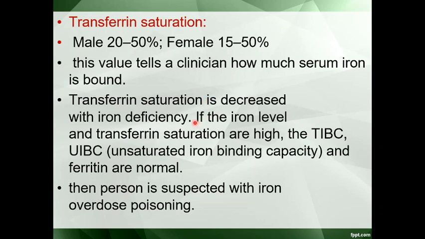Iron level is high and the transferrin saturation is also high, but the total iron binding capacity, unsaturated iron binding capacity and ferritin are normal. This will indicate that there is an overdose of iron.